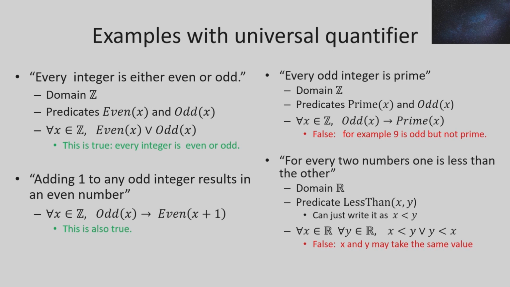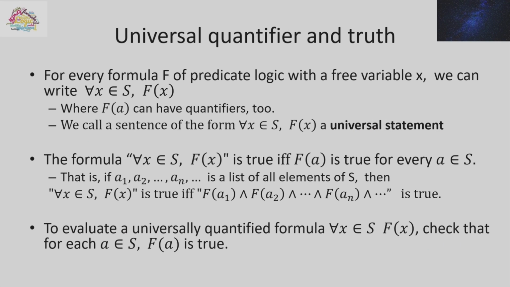So let's try to formalize what we just did. For every formula which has a free variable x, we could make a formula: for every x in its domain, f of x is true. By the way, here f is a formula of predicate logic, so nothing stops us from having a formula f of x which has its own quantifiers on different variables.